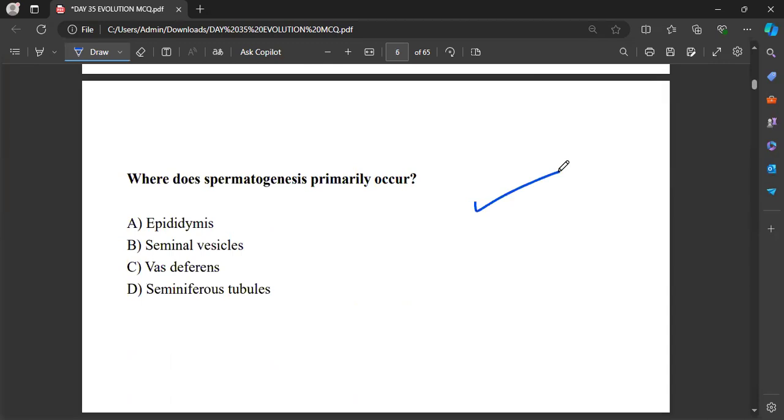Now, answer this question: where does spermatogenesis primarily occur?